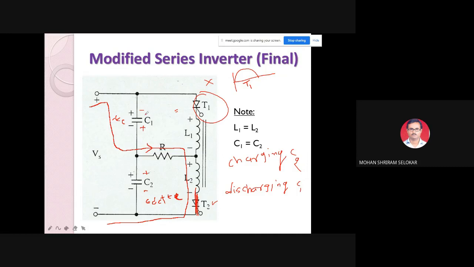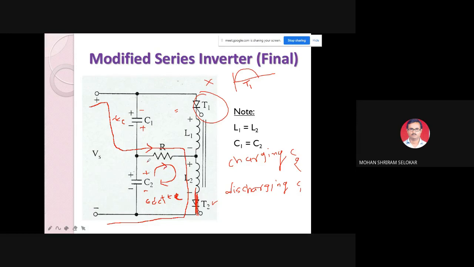This capacitor will be charged from negative EC to EDC plus EC, because from negative to positive we are getting the current. Another current will be provided by the charged capacitor C2 in this path. Are you agree, students? Okay, clear?